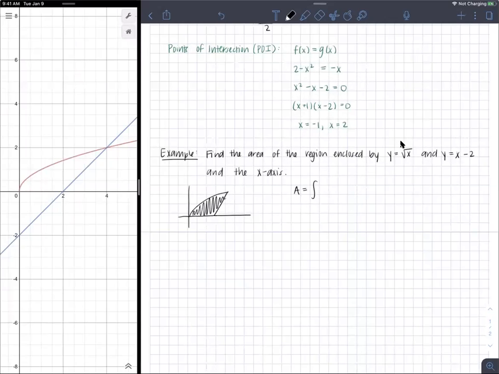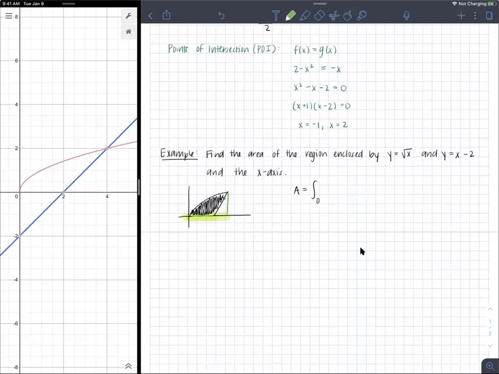Like on the x-axis, where does this picture kind of start? But so yeah, my upper limit is 4.